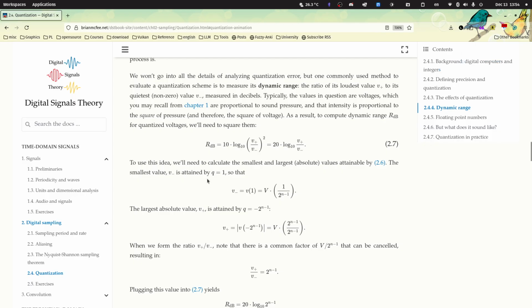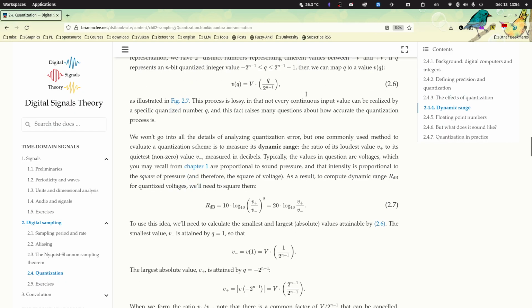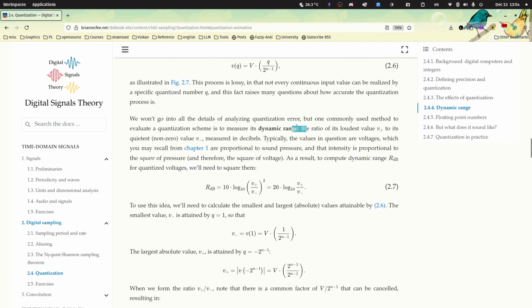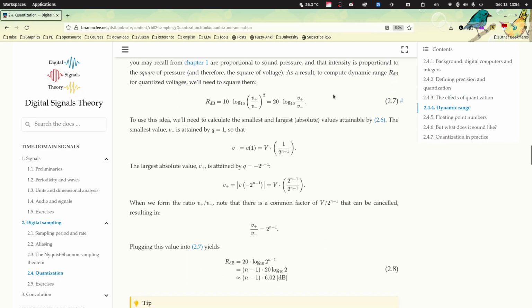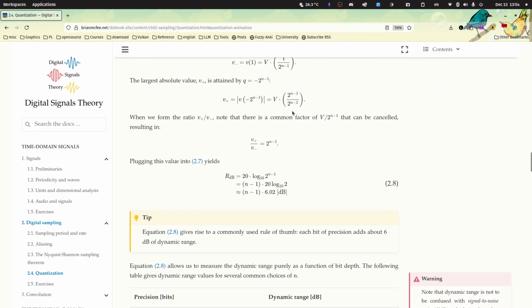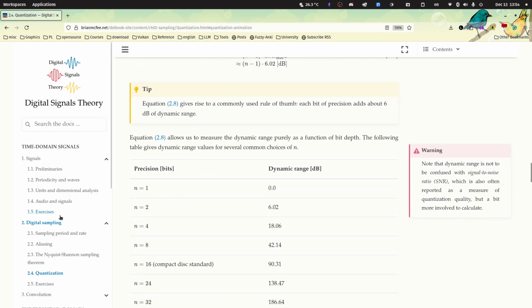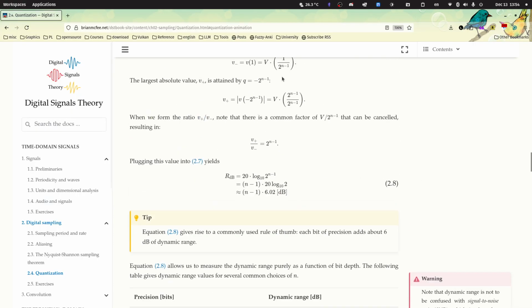I kind of get now why the concept of high dynamic range comes from this definition. Anyway, I think I need to revisit this part to understand what they're talking about here.